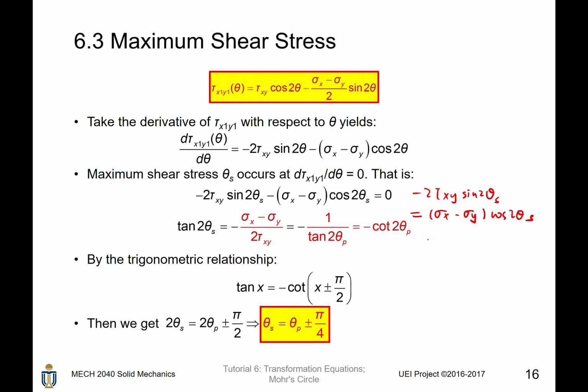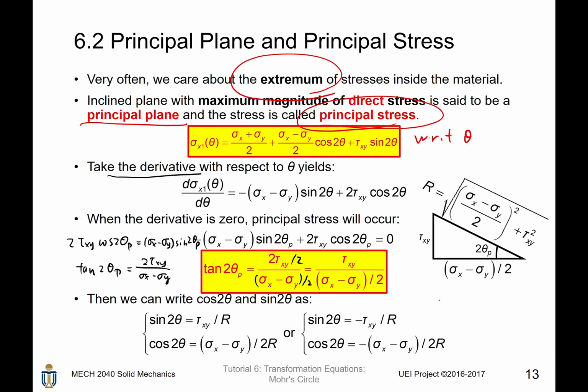By rearranging the terms, you can have tangent 2 theta s equals minus sigma x minus sigma y divided by 2 tau xy. Let's compare this result with what we got just now. Just now, we got tangent 2 theta p equals tau xy divided by sigma x minus sigma y divided by 2.